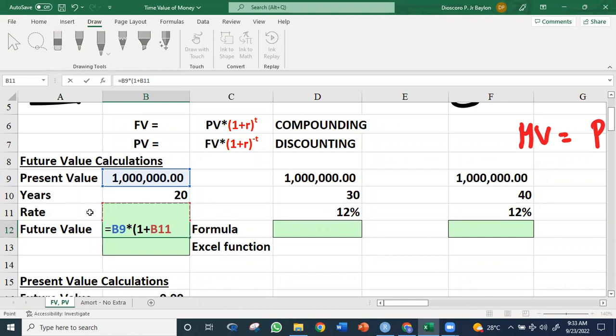B11. And then how do you raise to a particular exponent in Excel, class? Anyone? You should be raised to the 20th power. All right, thank you, Patricia. We use the caret symbol, right?